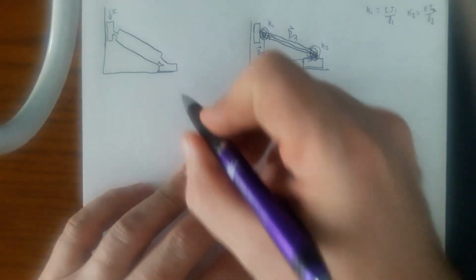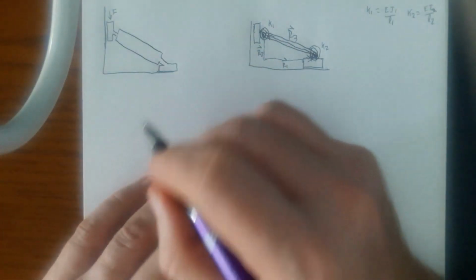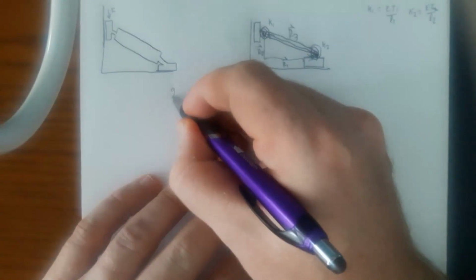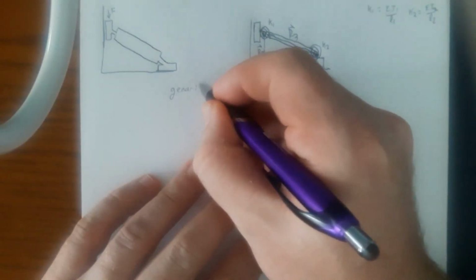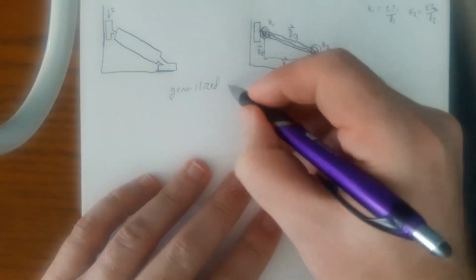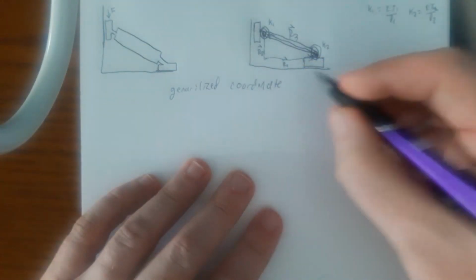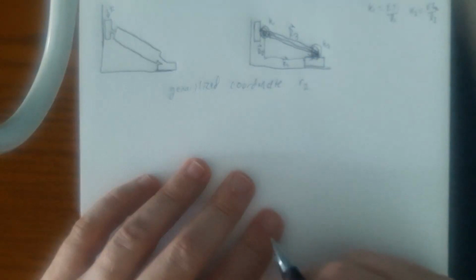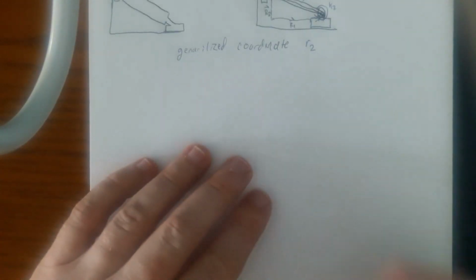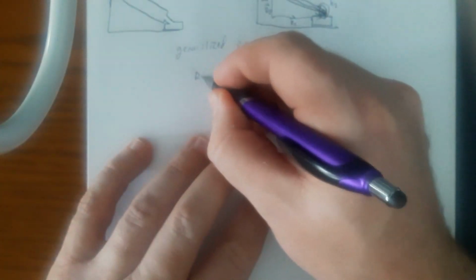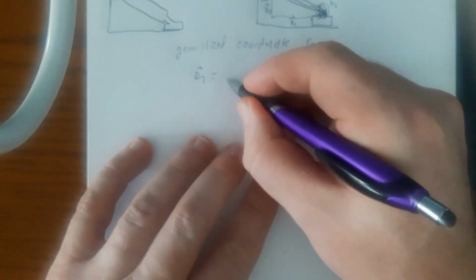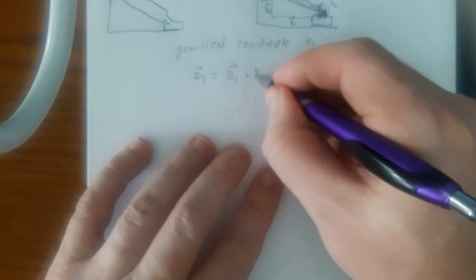And so what we're going to find is that we need one input. And so our generalized coordinate, this is just going to be our independent variable. Our generalized coordinate, I'm just going to pick that as R2. Okay. And so we can write our vector loop equations. We'll just have R2 equals R1 plus R3.